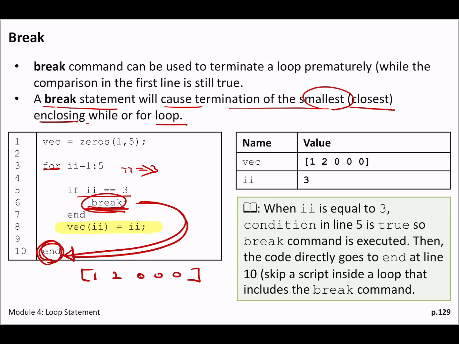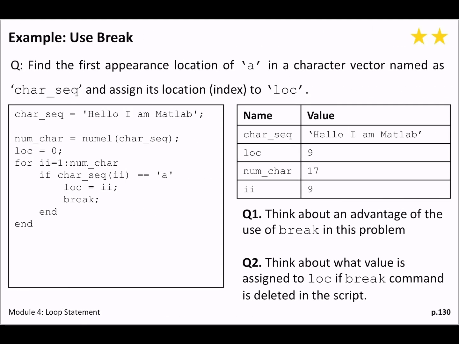But the question is, when we use this break statement, okay, here's a really good example. Let's solve this problem. Find the first appearance location of the character A in a character vector, name, as a character sequence, and assign its location to the loc. I mean, a single location, right? Because we are finding the first appearance of the A. Here's the sequence: Hello, I am Matlab.